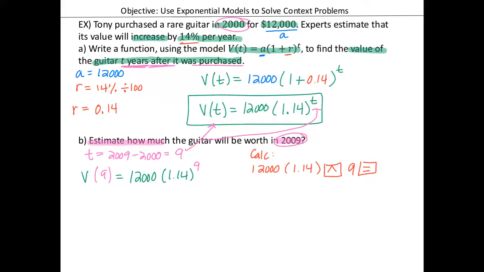So you have a little caret key or a tent key up above the x squared. Press 9 and then equals. And you should get a pretty large number.